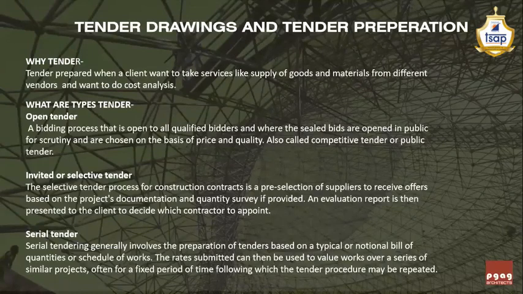In case of serial tender, for example, in a particular work like bank interiors, sometimes you happen to work on a serial tender where a lot of items, like the contractor quotes for wooden paneling or only for particular flooring, are going to get repeated in different projects.